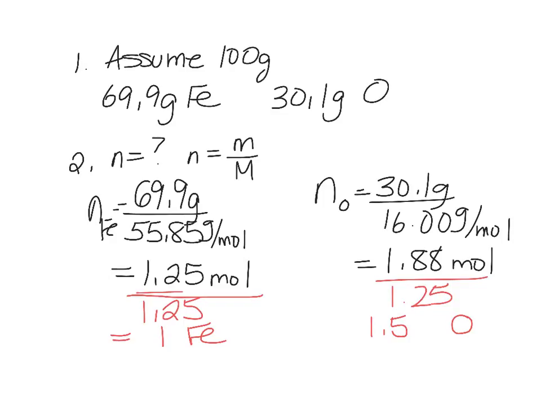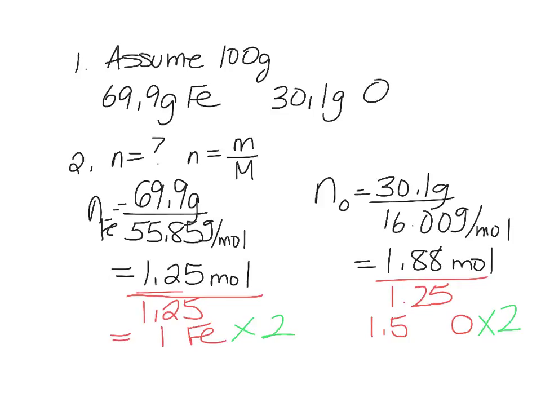What would I have to multiply 1.5 by to make it a whole number? 2, you got it. So multiply both of these numbers by 2 so that you get a whole number.